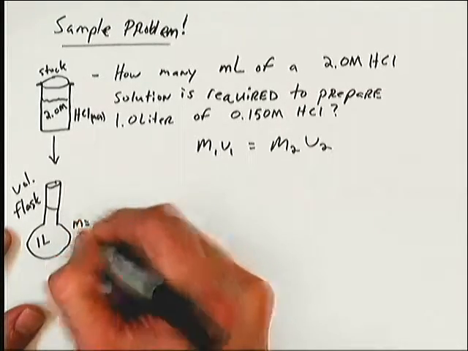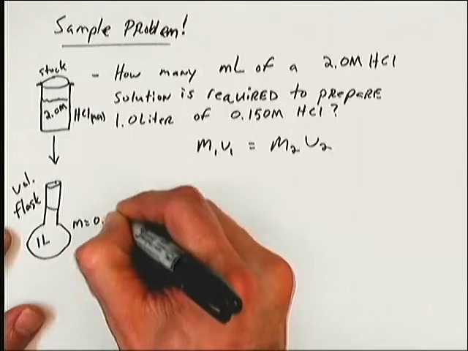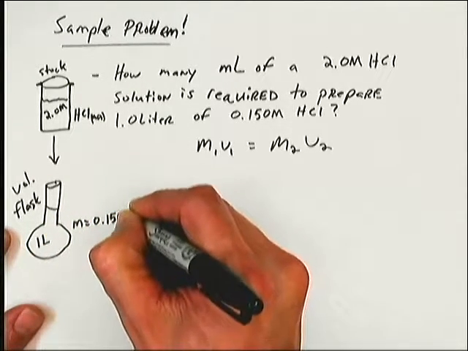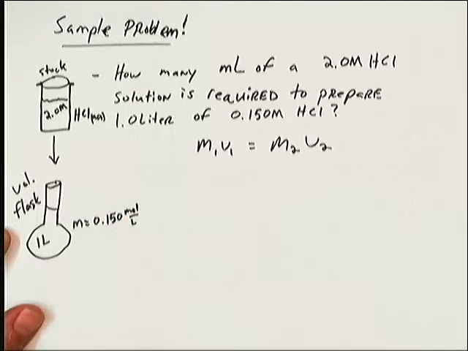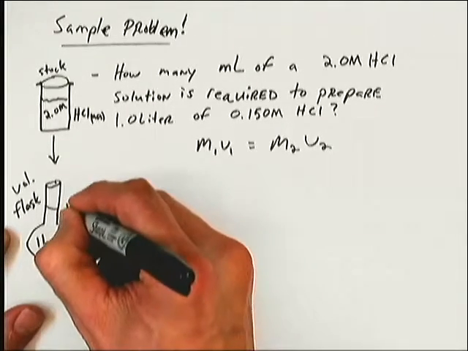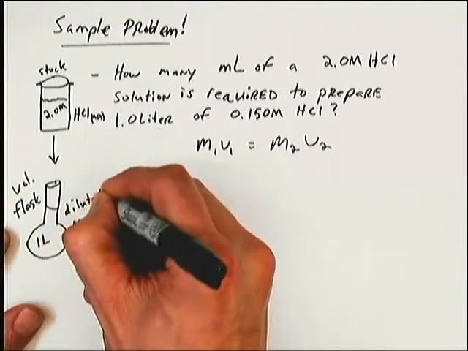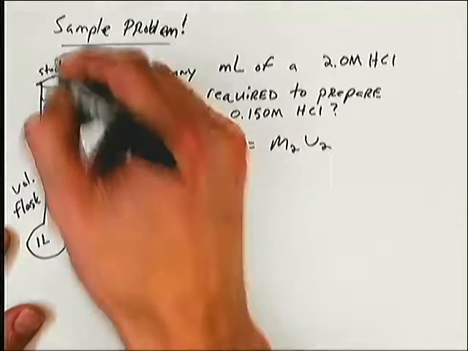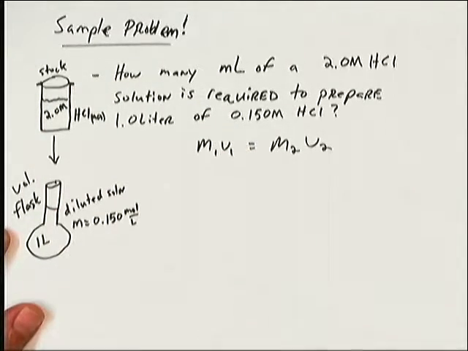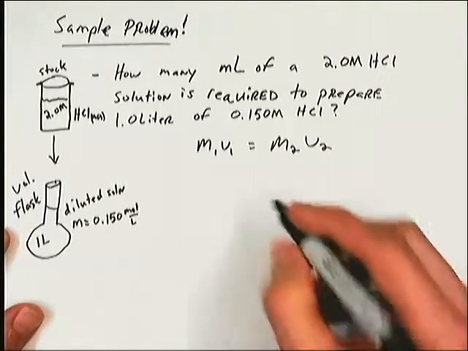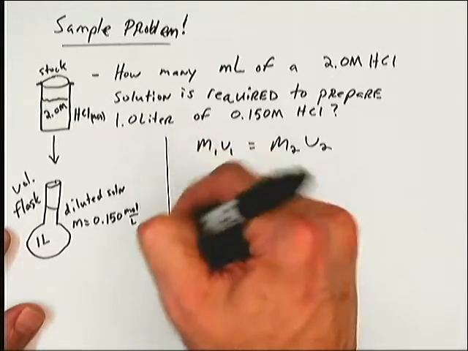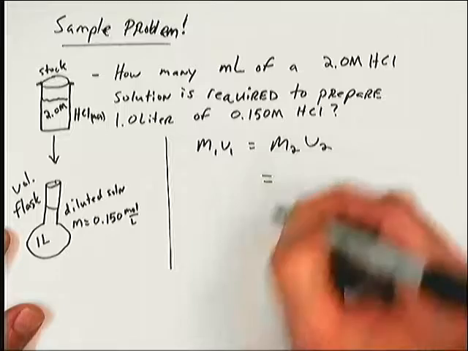The molarity of this solution needs to be 0.150 mole per liter. This is my diluted solution. Stock, more concentrated; diluted solution, less concentrated. Okay, so let's return to our dilution equation and work the math for this real fast.